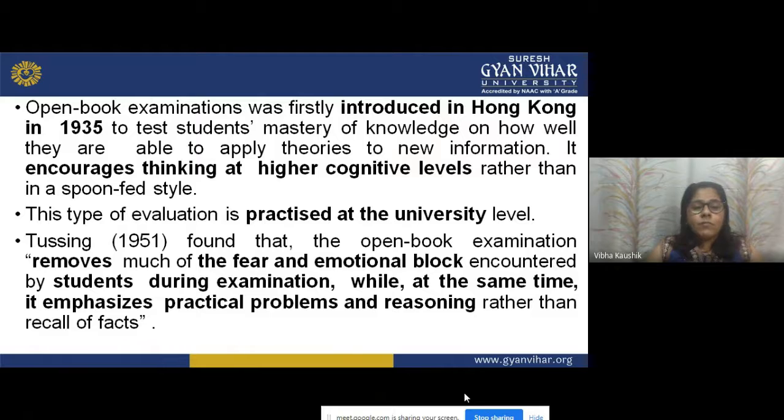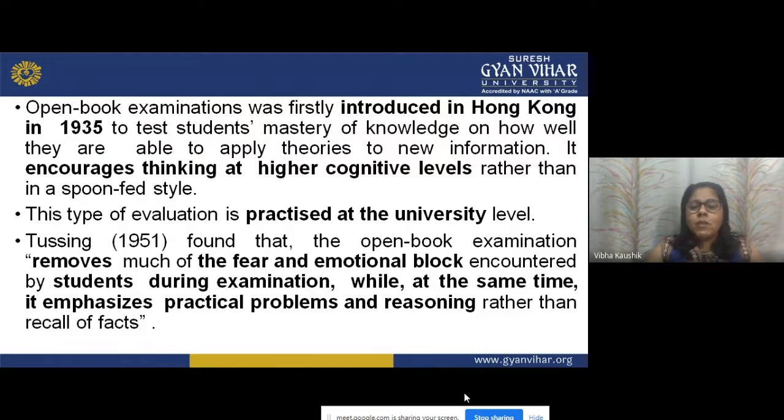Tuzik in 1951 found that the open book examination removed much of the fear and emotional blocks. Means the fear of examination. It removes the fear of examination among the learners and students, and the emotional blocks that were encountered by the students when taking the traditional examination.